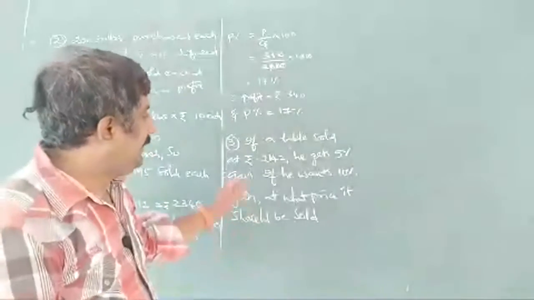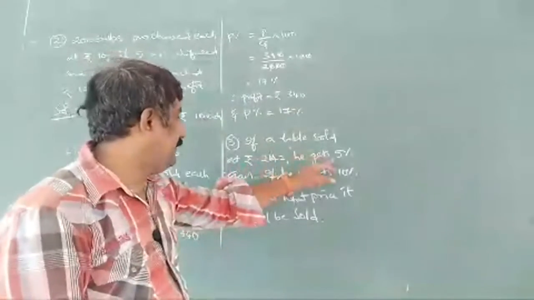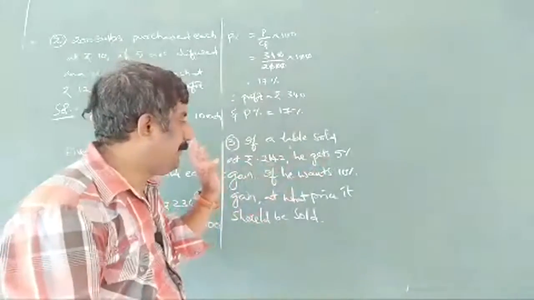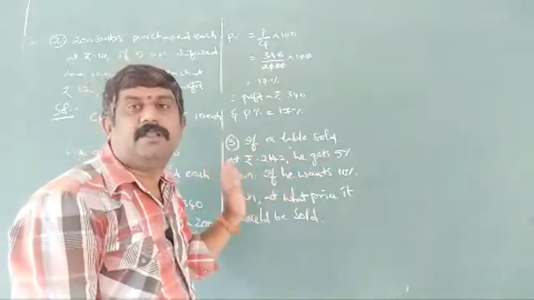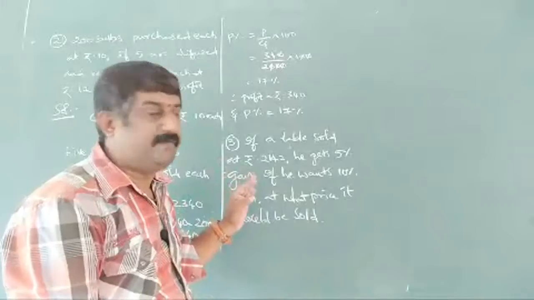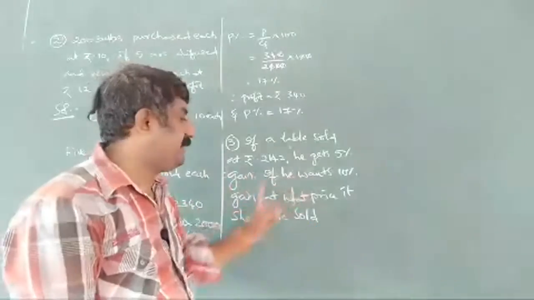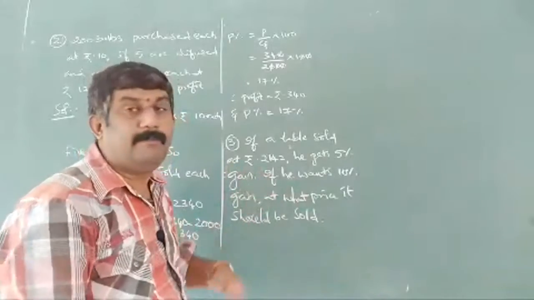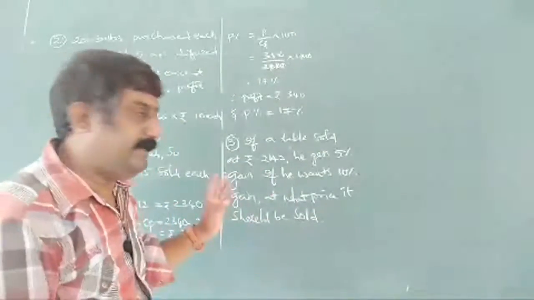First of all, he is getting 5% gain if he sells at rupees 2142. Now the profit is not enough for him. He wants more profit, nothing but 10% profit. Then what we have to do here is sell at a higher price. Then we'll find it.